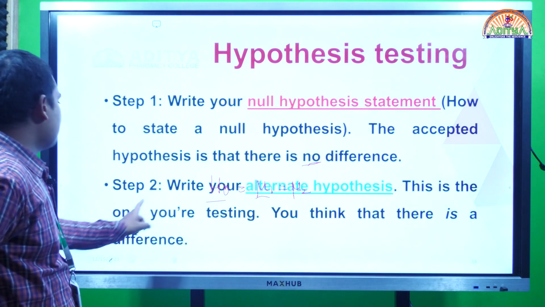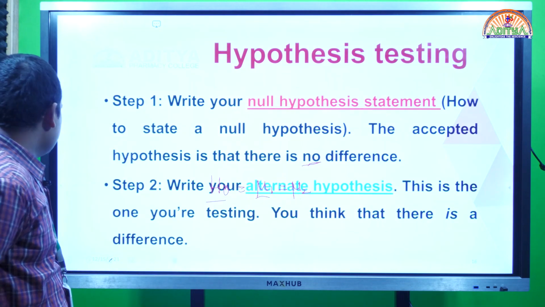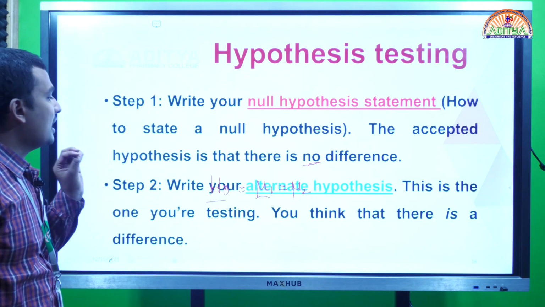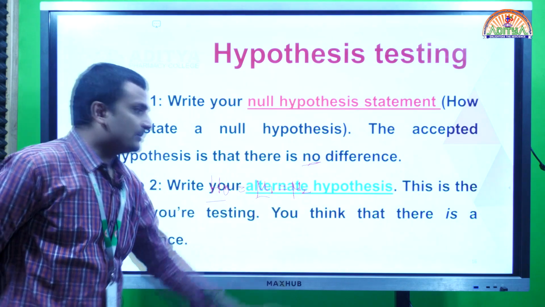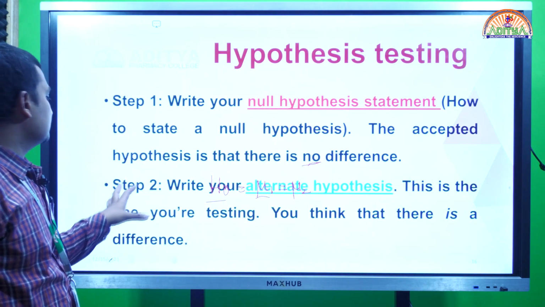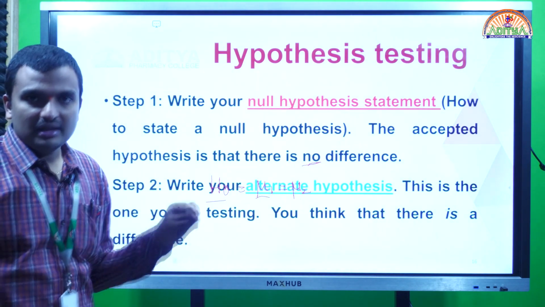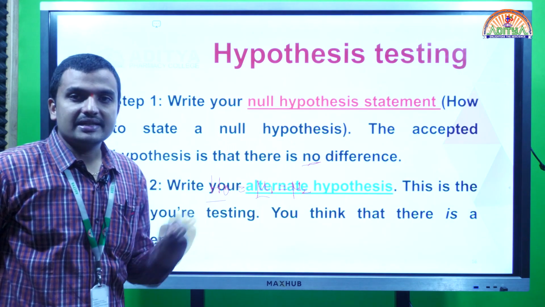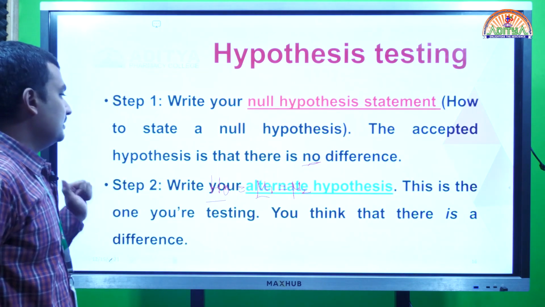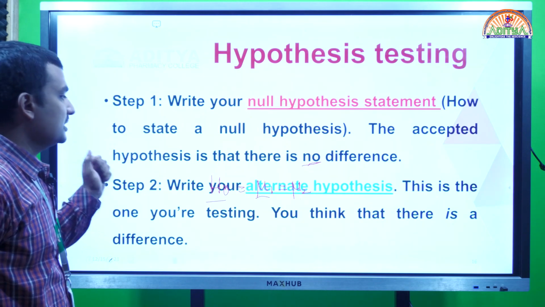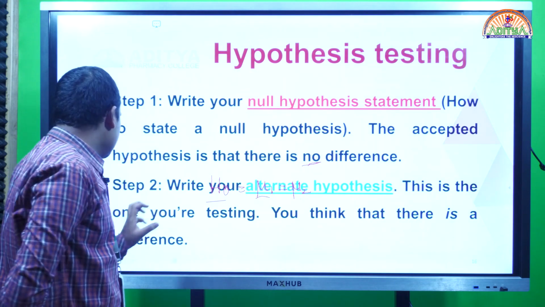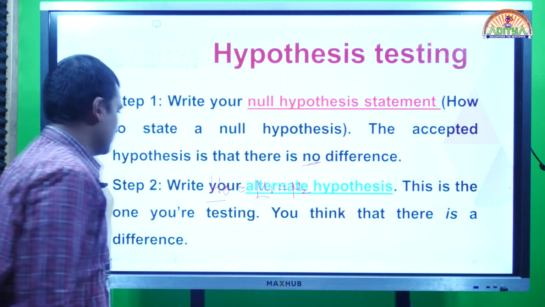And step 2 is you have to write your alternate hypothesis, and this is the one you are testing, and therefore it is also called the research hypothesis. You think, according to this hypothesis, there is a difference between the two given populations.